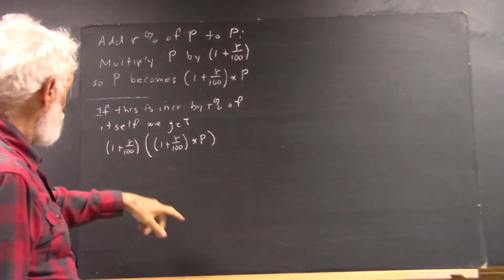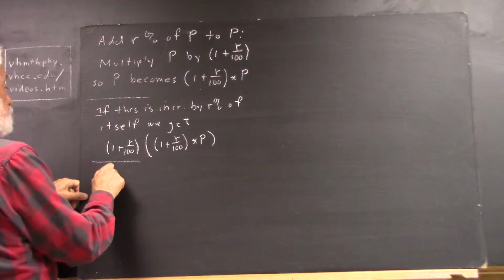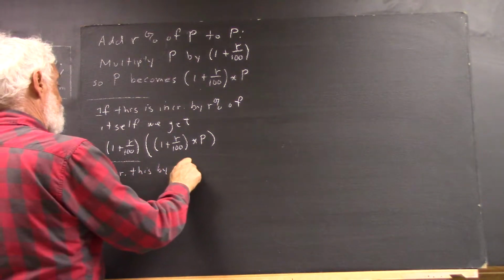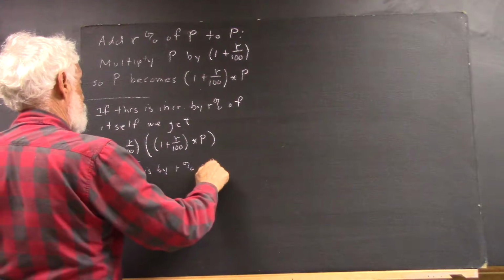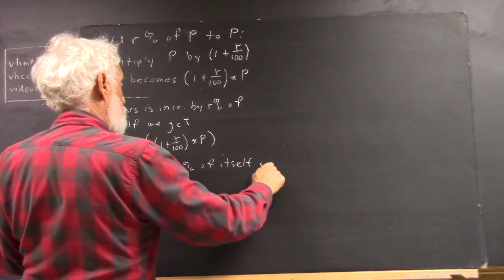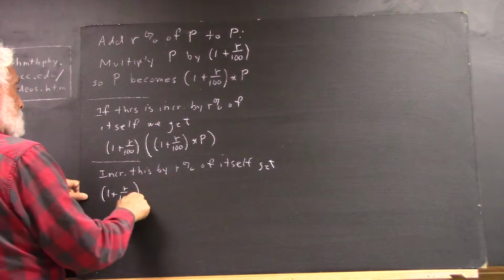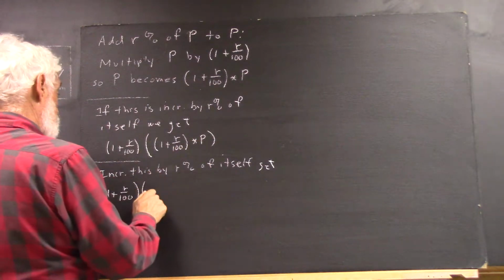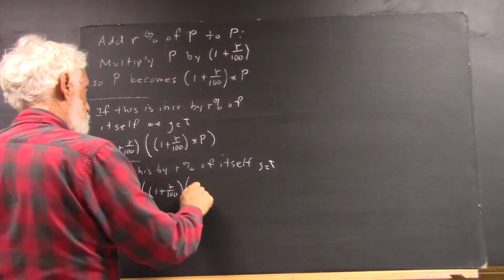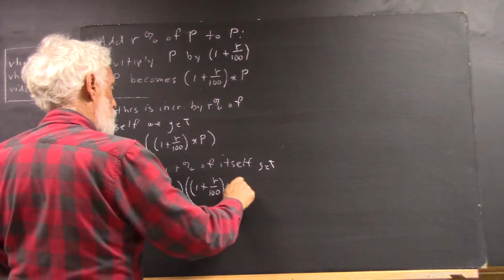And if we increase this by r percent of itself, what do we get? We get 1 plus r over 100 multiplied by this, which is, of course, 1 plus r over 100 multiplied by 1 plus r over 100 times p.